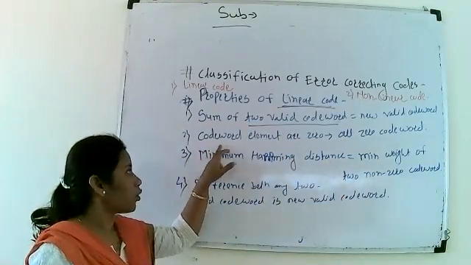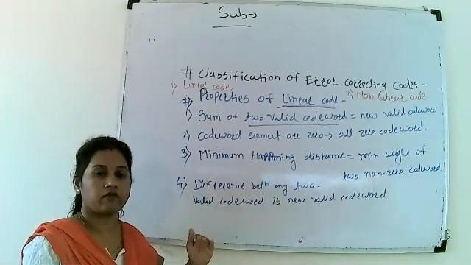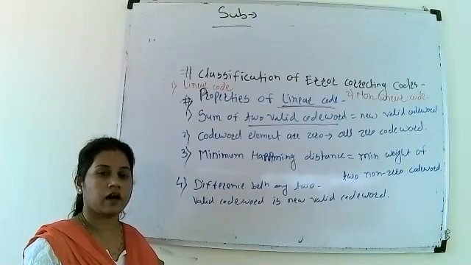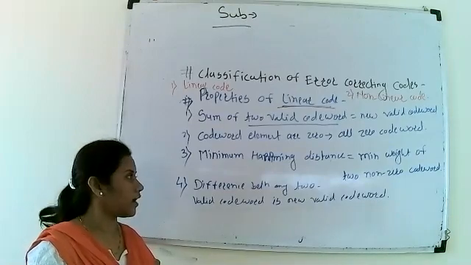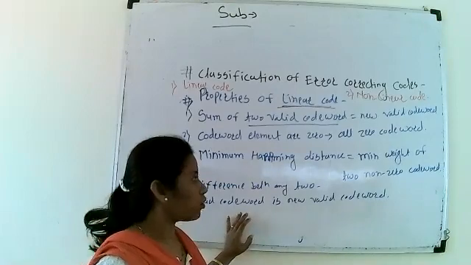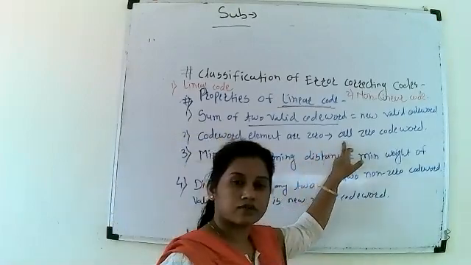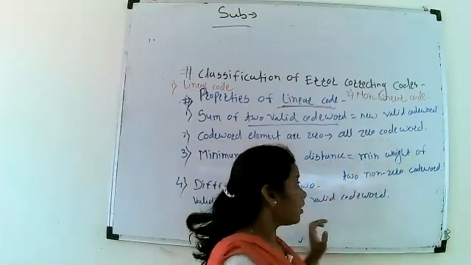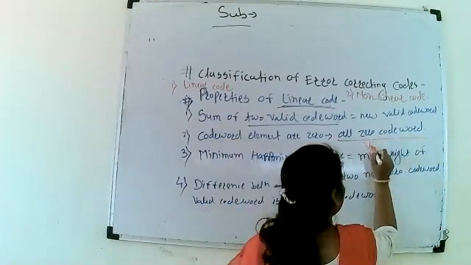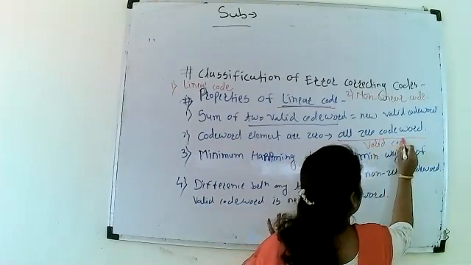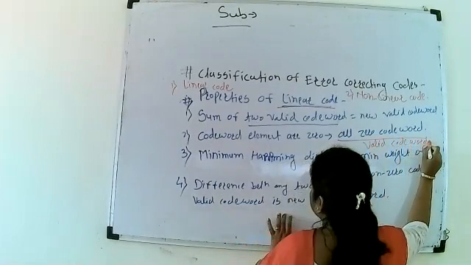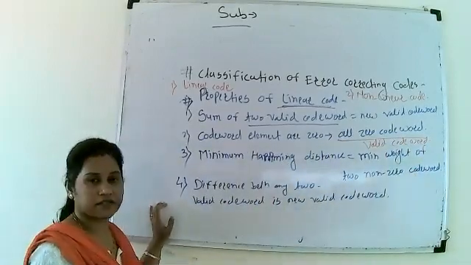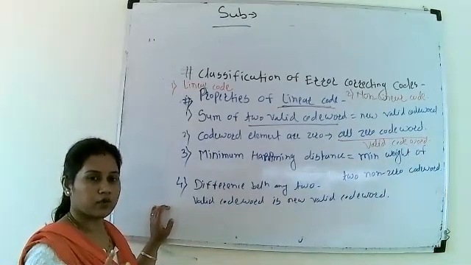Then the second property: when we have a code word whose elements are all equal to 0, the new generated code word is also a valid code, called the all zero code word. This is also a valid code word. Then the third property is the minimum Hamming distance.